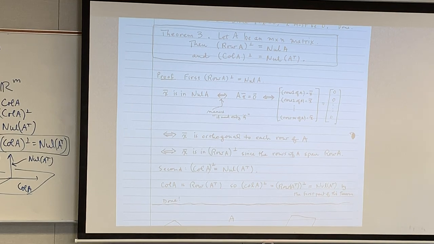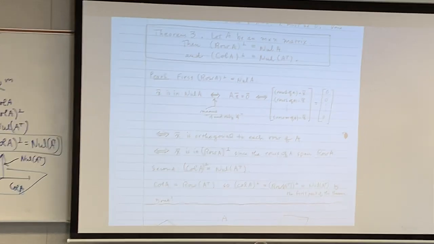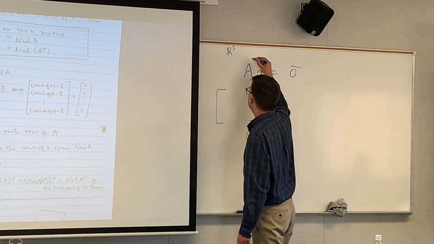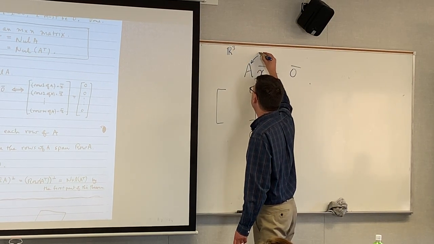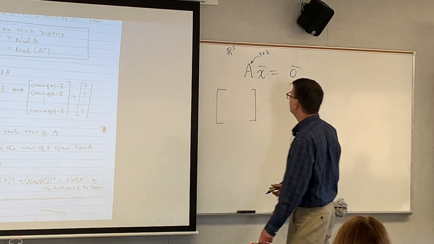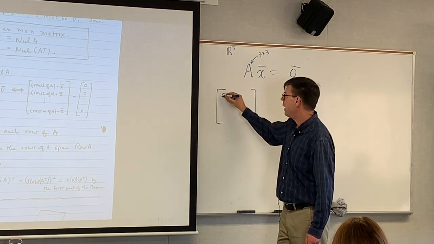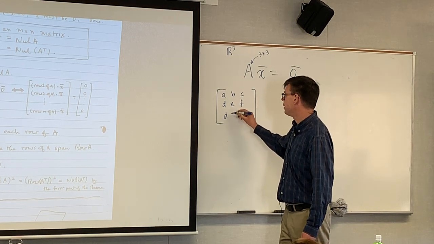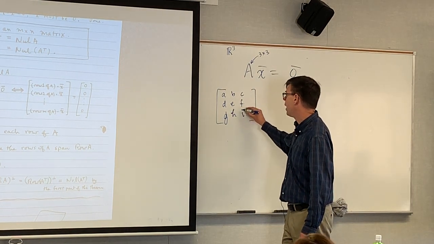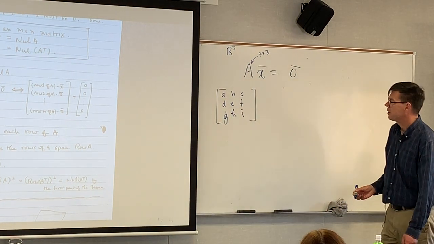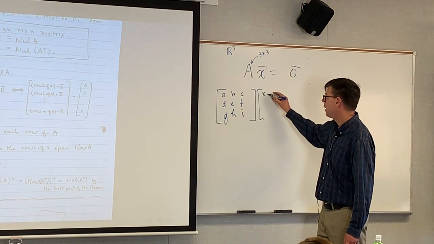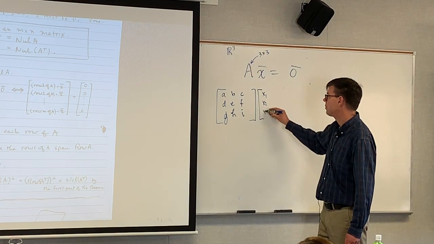Let's just pretend we're in R3. So suppose A is 3 by 3, just so I can draw a picture. And I'm just going to put a, b, c, d, e, f, g, h, i for the elements of A. X then has to have 3 entries, x1, x2, x3.